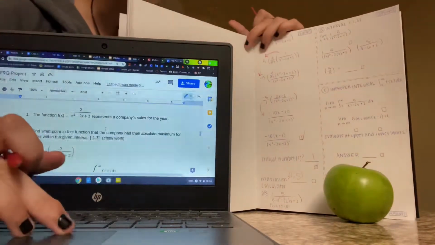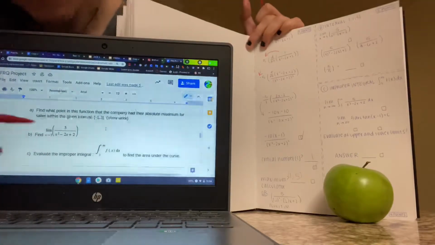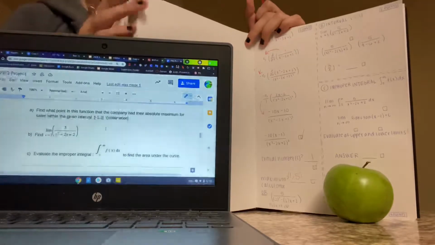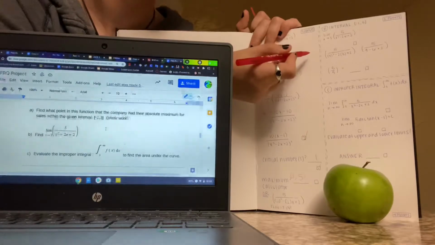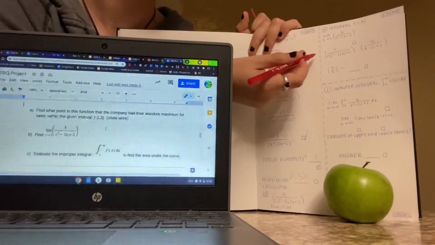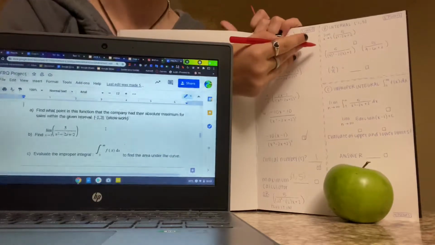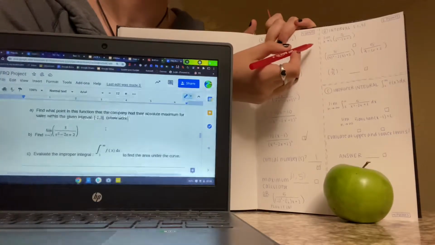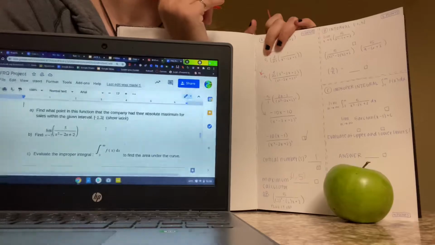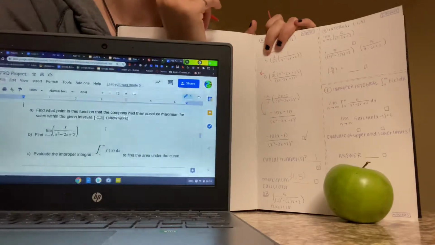And then for part B, which is here, this part is actually really easy. All you have to do is directly substitute 3 into the x position in the equation after you see the limit here. So before doing this, you would have limit as x goes to 3 of 5 over x squared minus 2x plus 2.